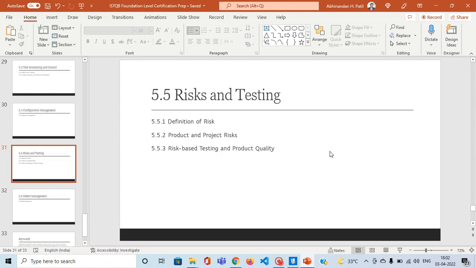Analyzing the product risks early contributes to the success of the project. You analyze product risks well in advance to contribute to the success of the project. Where do we use the results of product risk analysis? We use it to determine testing techniques to be used.